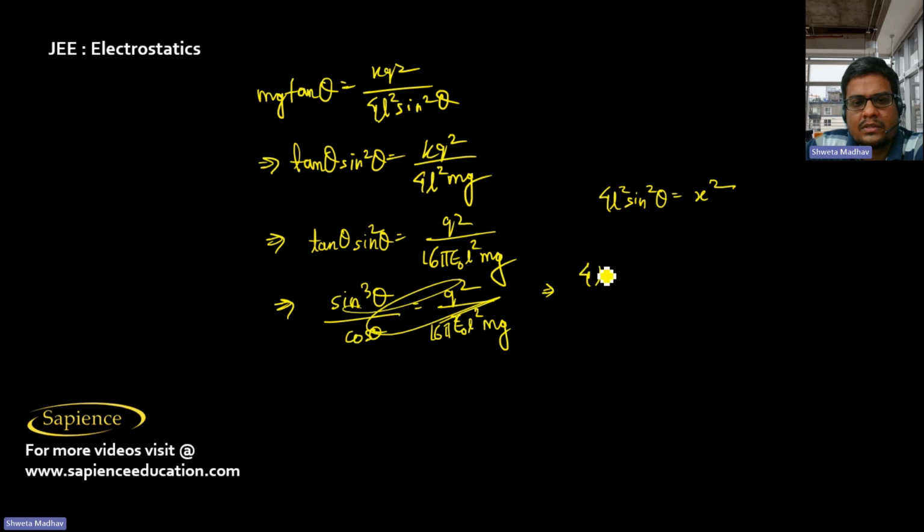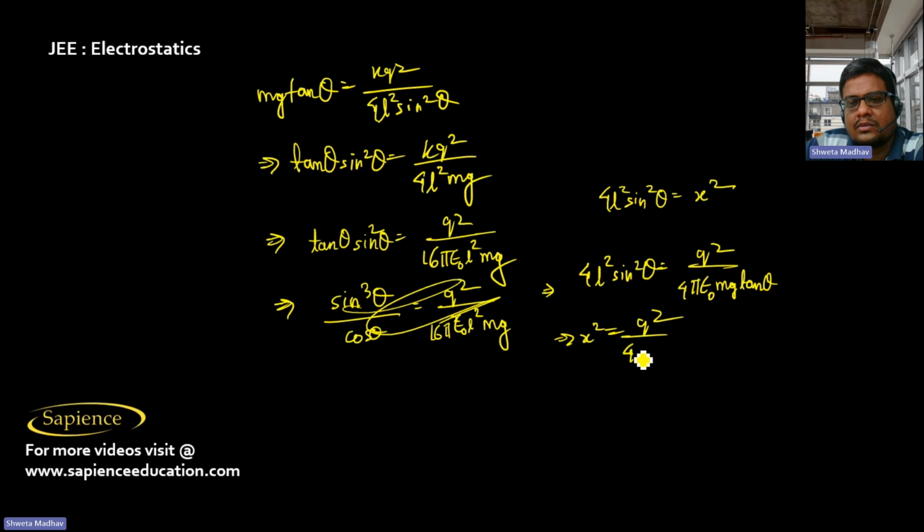Means that 4L square sine square theta will be obviously q square by 4 pi epsilon naught mg tan theta. So it means x square is actually q square by 4 pi epsilon naught mg tan theta.